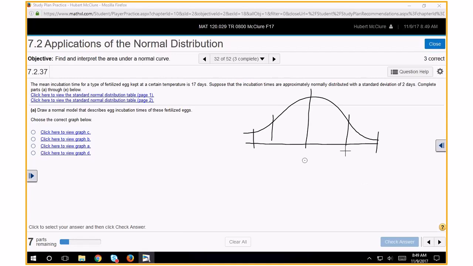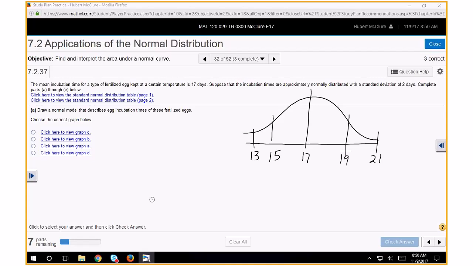So 17, 19, 21, 15, and 13. Now it says answers A through E. Good gracious alive. I'm not going to give you one like this on the test. If I do give you one, it'll be just this question, and that's all I want.